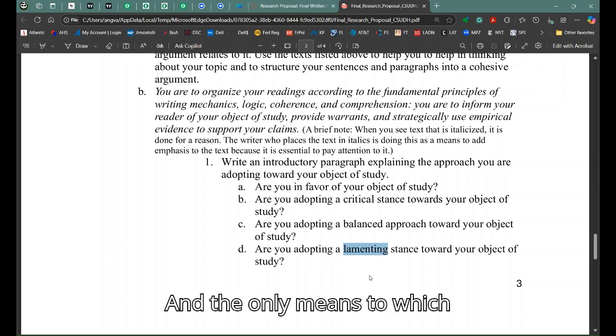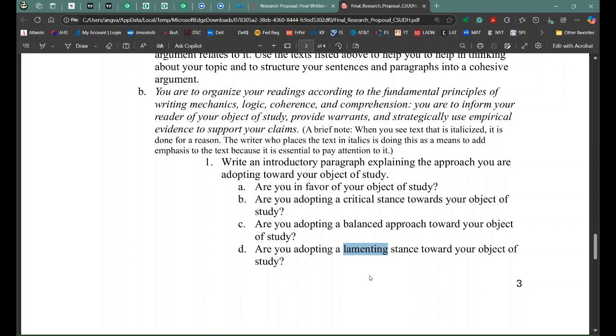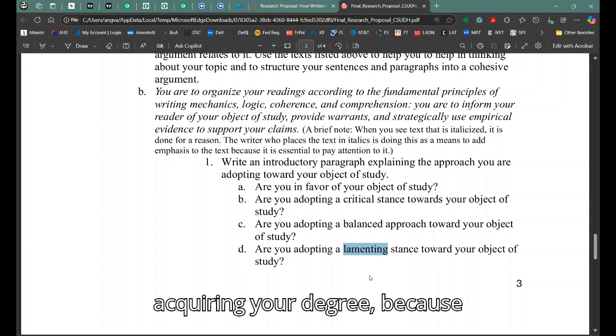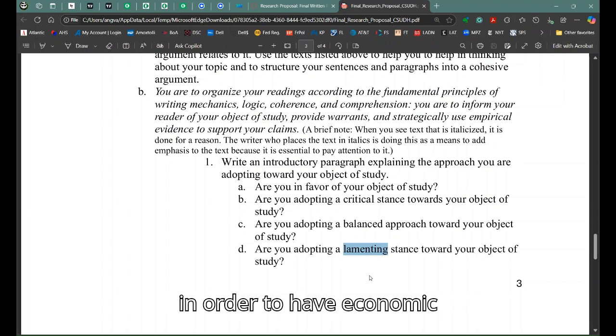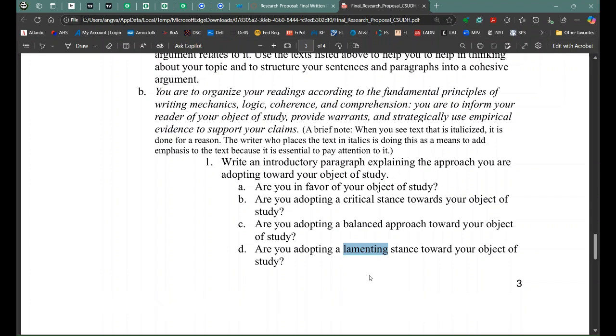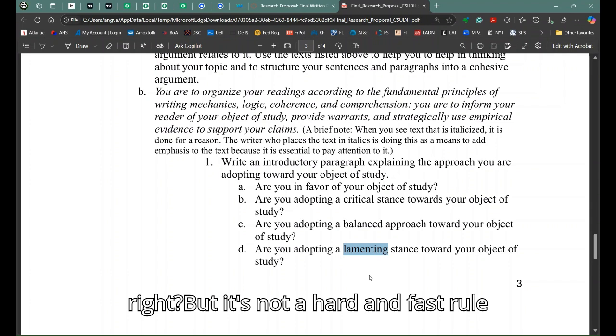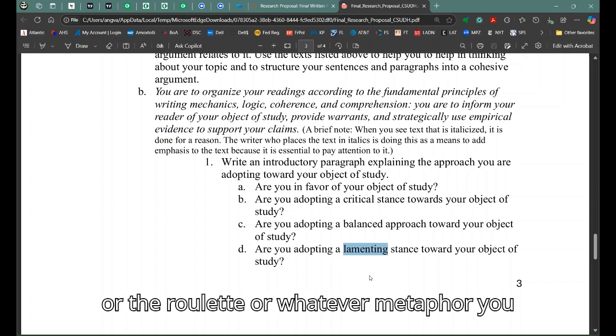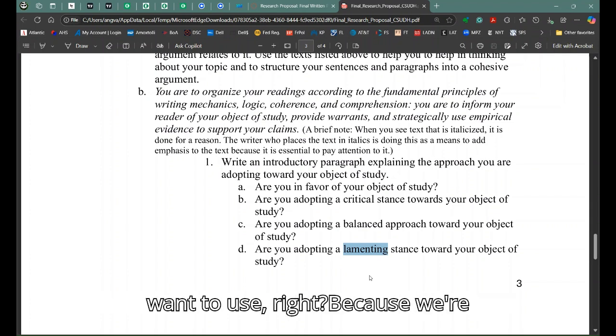And the only means by which most people can acquire lifetime employment is by acquiring your degree, because in order to have economic stability, sometimes you need that degree to give you that stability, right? But it's not a hard and fast rule. It's sort of the luck of the draw or the roulette or whatever metaphor you want to use, right?